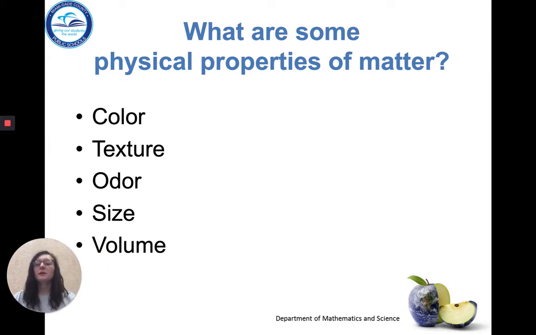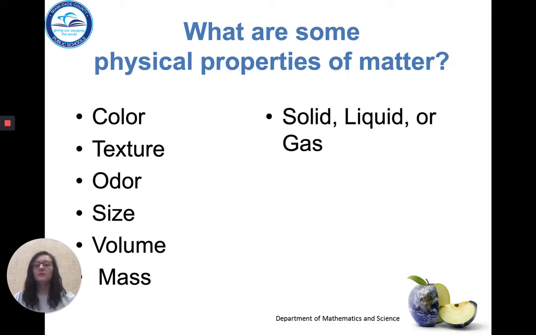And then also the mass, so how much does it weigh? And then remember, it can be a solid, a liquid, or a gas. And also something being magnetic, that can also be a physical property of matter.